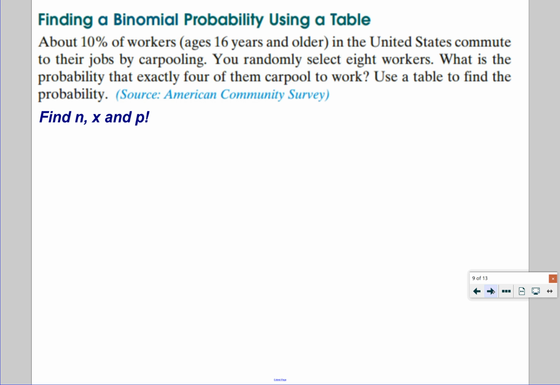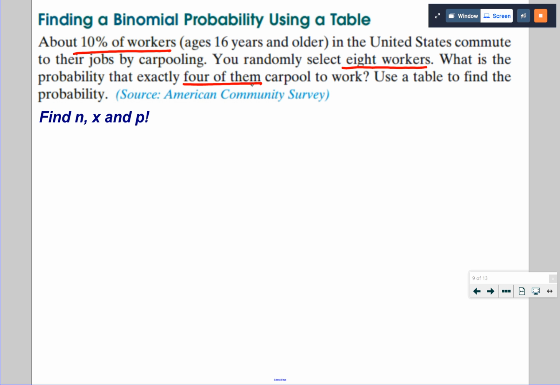If you want to use that table, it is only for every 5% probability. So if your probability of success is 12%, you wouldn't be able to use that. But in this example, I have a 10% success rate. 10% of workers in the United States commute to their jobs by carpooling. You randomly select 8 workers. What is the probability that 4 of them carpool to work? Okay, we're going to use the table just to answer this question.